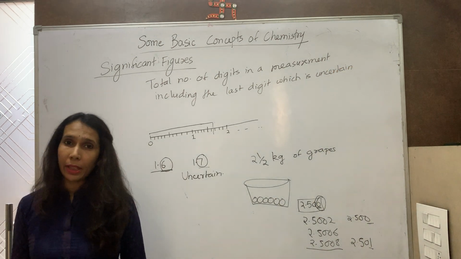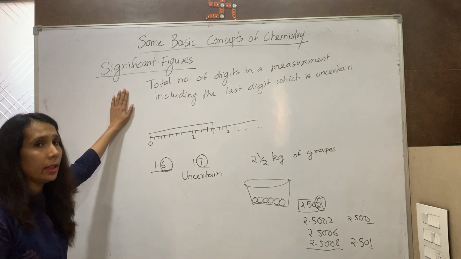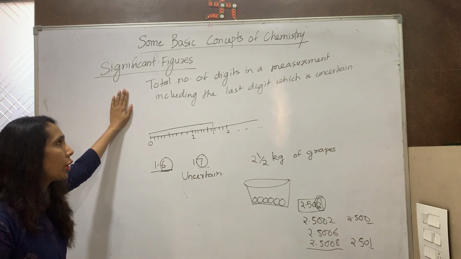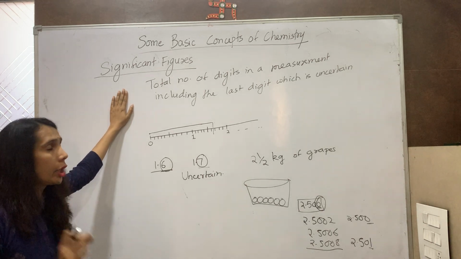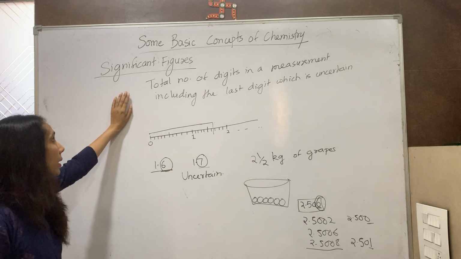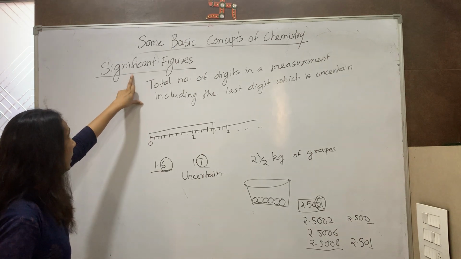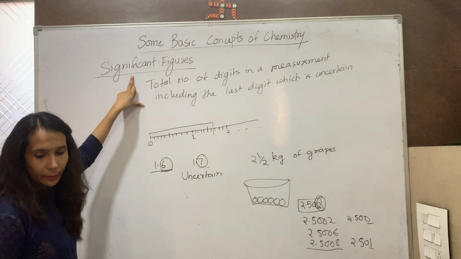I am again repeating, what are significant figures? The total number of digits in a measurement including the last digit which is uncertain are called significant figures.